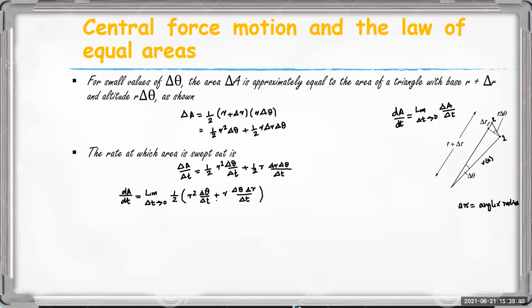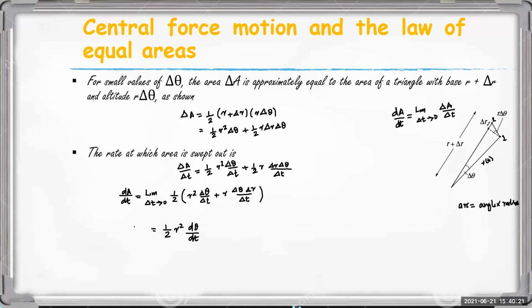So we write the contribution only from the first term, that is 1/2 R square, where delta theta by delta t becomes d theta divided by dt.